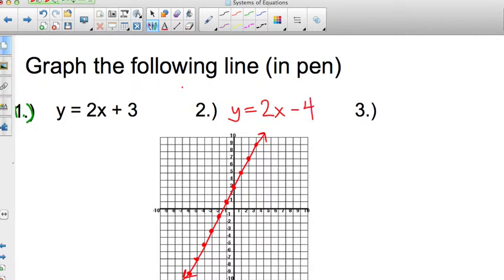We're going to start at negative 4 and go up 2 over 1, up 2 over 1. And reverse direction, down 2 over 1. Connect your points.